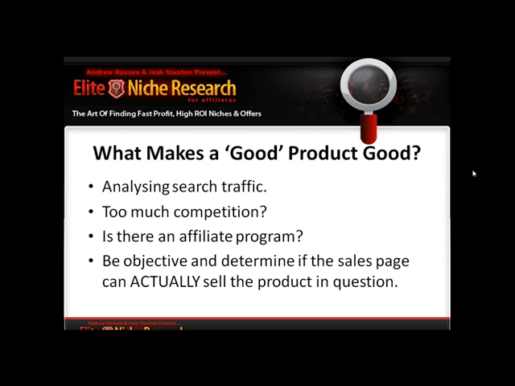So you could send 100 people there and not get a sale. And if you're trying to target this particular product name technique, a sale 1 in 100 isn't going to be very good. You want to look at something more around the mark of 1 in 20. That's something you can make money off from month to month. So be objective about the sales page that they have.